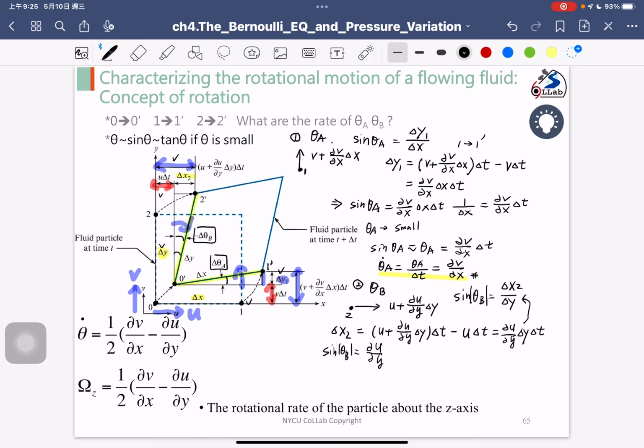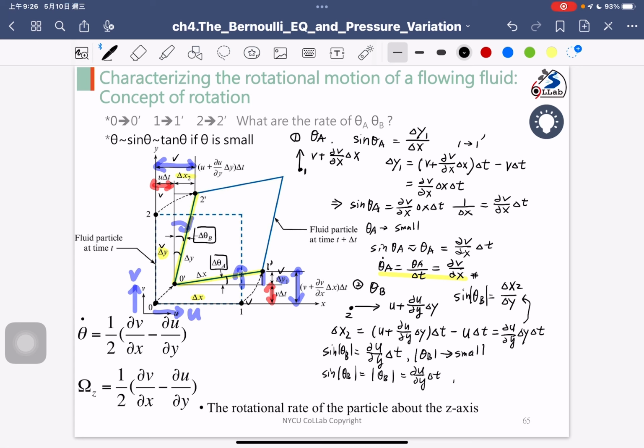I use the absolute angle here, and it equals du dy delta t. And again, I also assume theta b is quite small. So finally, the absolute sine theta b equals the absolute theta b, and it equals du dy delta t.